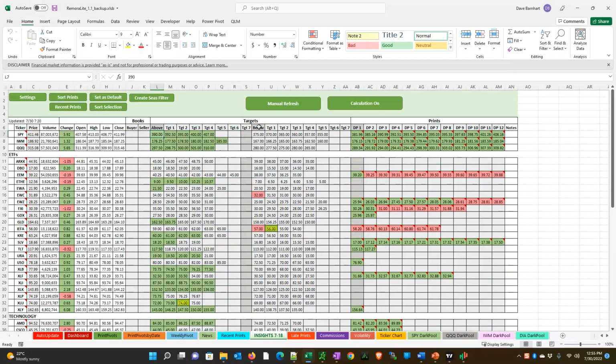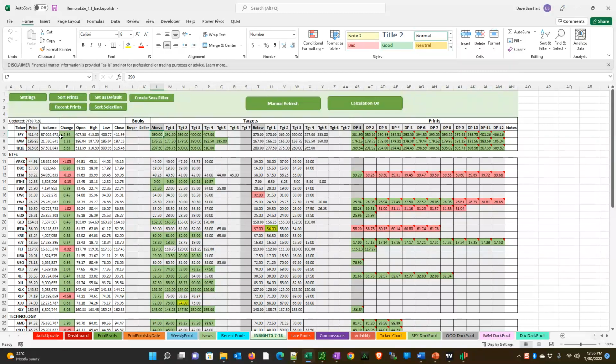The first thing that it does is it gets all of the prints in your criteria, and sticks them in here in your dark pools, right? So this one, and if you hover over it, anything that has a little red triangle in it, if you hover over it, it tells you the total number of trades and the total and the date for that timestamp.